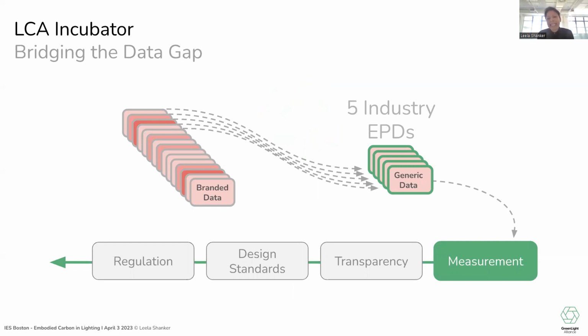But in its most basic form, we are actively getting data from a number of manufacturers on their specific luminaires that are in the market, and then spinning that through life cycle assessment frameworks to give us some unbranded data in the form of 5 industry environmental product declarations for some workhorse architectural fixtures.